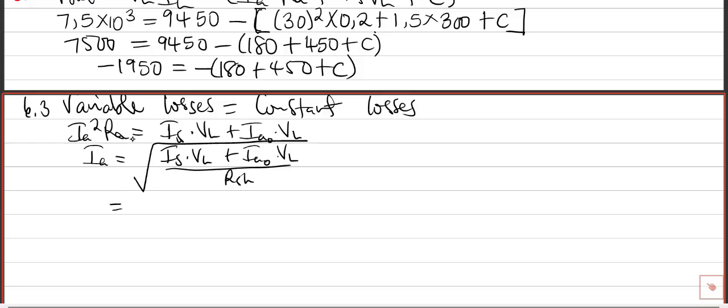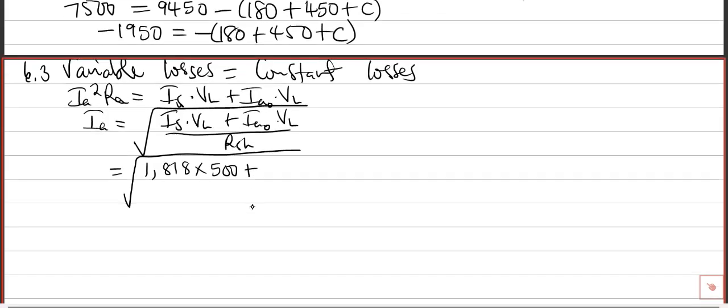When they say calculate the efficiency at maximum, the armature current and load current or supply current are always required. Typically you first find your armature current, then you find your IL. So let's substitute our I shunt. We had 1,818 times 500 plus, from the previous calculation, something like 5, let's check it.